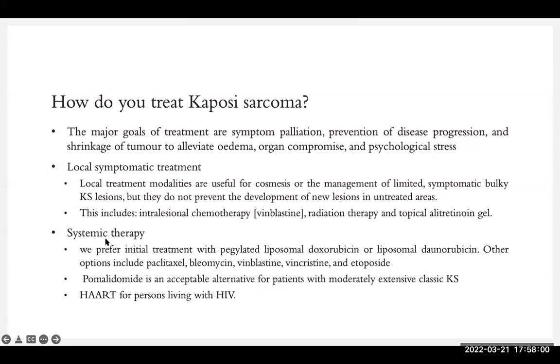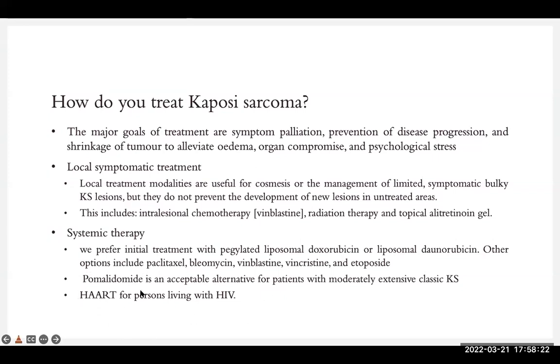In this case, the other drug I was trying to remember was daunorubicin. So these are the ones that we tend to give. This is second line, pomalidomide. I hate these words anyway, but this is the one that we give as second line.